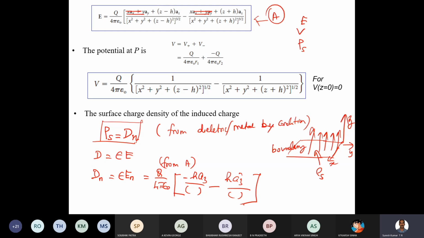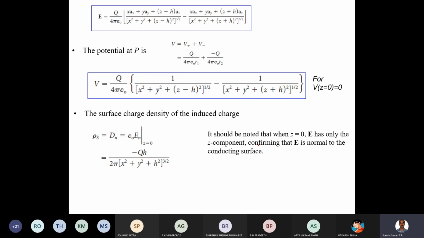The normal component is perpendicular to this metal plane, or V equal to 0 plane. So it will be minus 2h in the numerator, right? Let me write directly here: Q upon 4 pi epsilon naught, and here it is minus h into a_z minus h into a_z upon this denominator term.